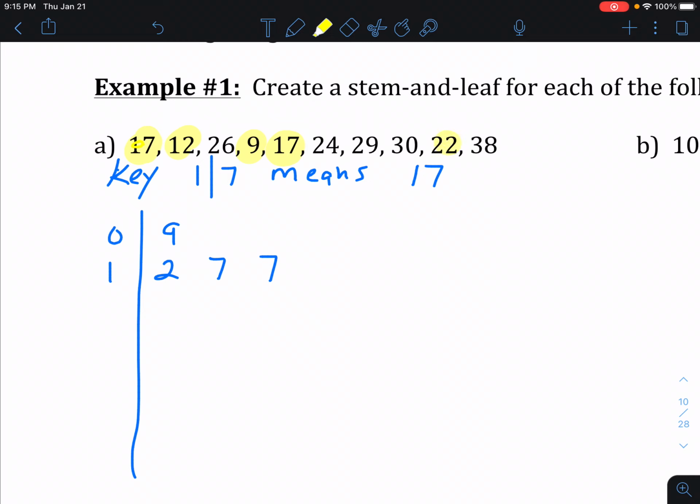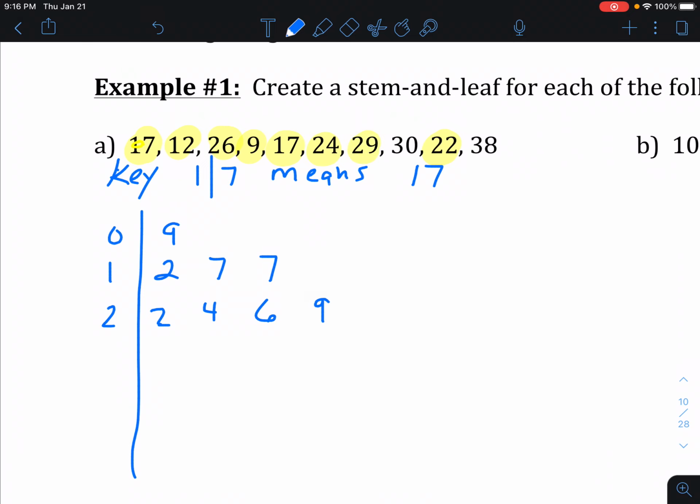Okay, next up, the 20s. We have a 22, next up would be a 24, next up would be 26. Sometimes I like to cross them off as I'm doing that, if I was doing pencil and paper, because I wouldn't have a highlighter on me. 29 is next.